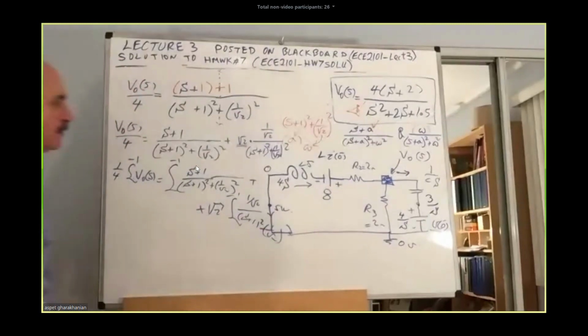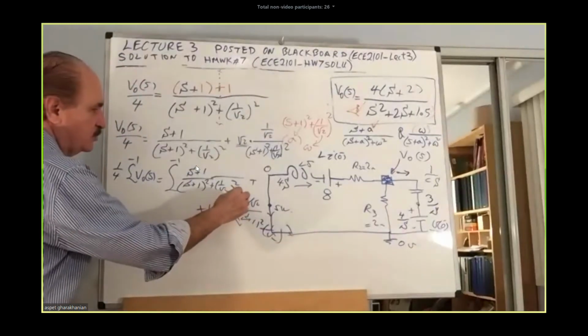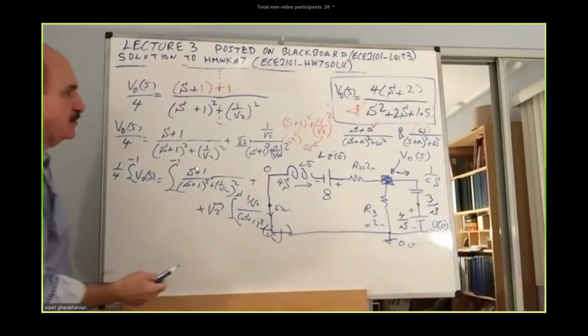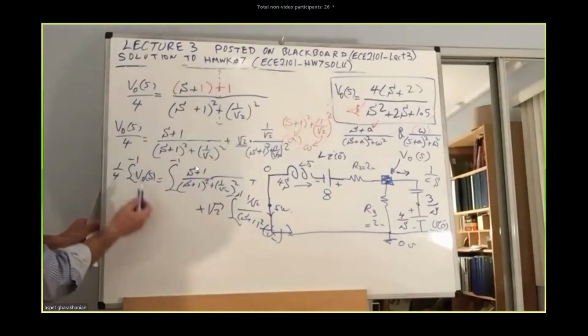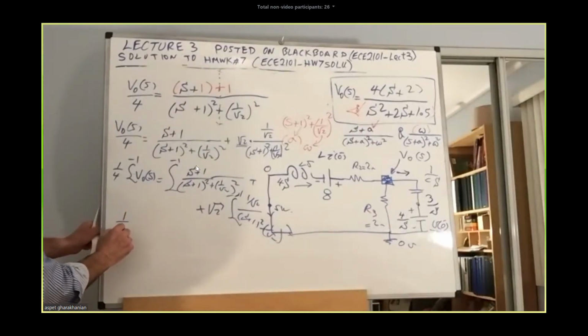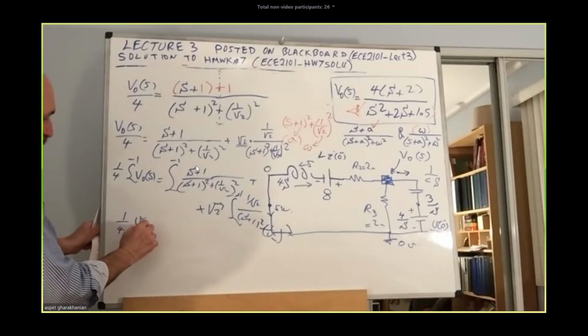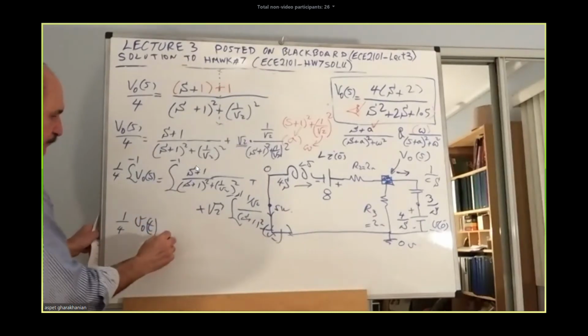Okay, now, all these inverse transforms can be looked up in the table. So if you look up, this will be 1/4 of V0 of t, the final answer.